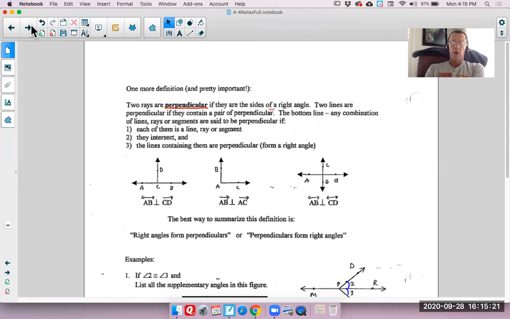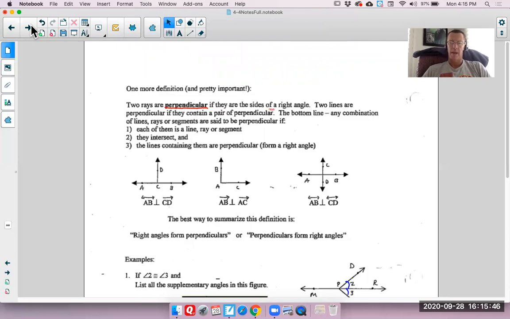Another definition, this is actually new here. 2 rays are perpendicular if they are the sides of a right angle. 2 lines are perpendicular if they contain a pair of perpendicular rays. The bottom line, any combination of lines, rays, or segments are said to be perpendicular if: 1, each of them is a line, ray, or segment; 2, they intersect; and 3, the lines containing them are perpendicular.